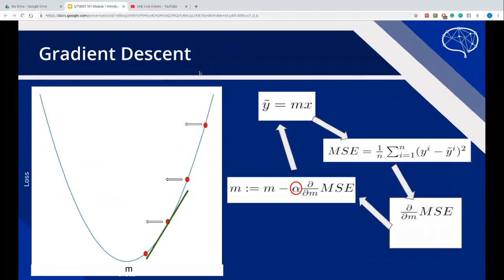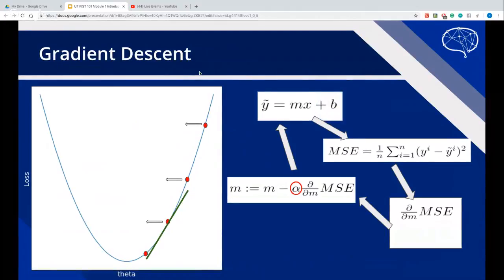Okay, so let's get back to the situation where we have m and b. We do the same thing. We calculate the predicted y, and then we calculate MSE. We calculate the derivative of MSE with respect to m, but we also calculate it with respect to b. In this case, it's a partial derivative. If we write those two partial derivatives in vector form, it's called the gradient.